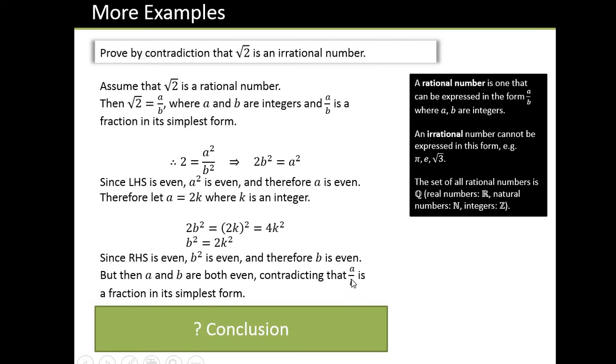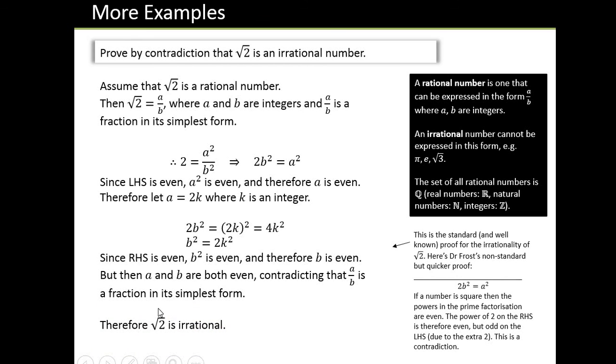They haven't been written as a fraction in its simplest form, which is what our assumption was. So this obviously contradicts our original assumption, which we perhaps should say, and therefore root 2 is irrational.